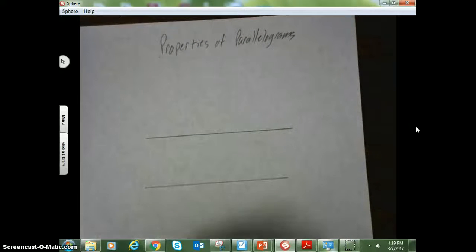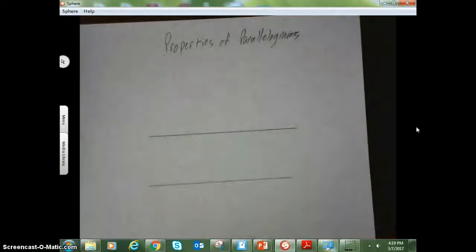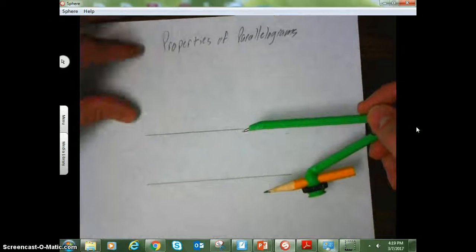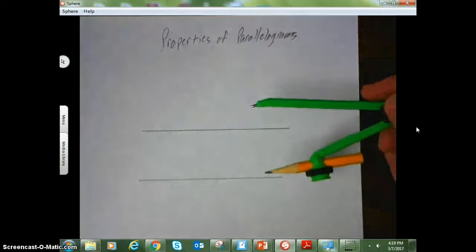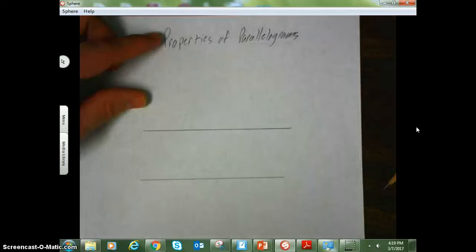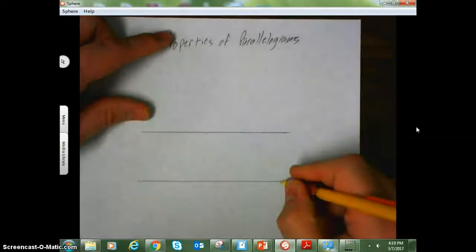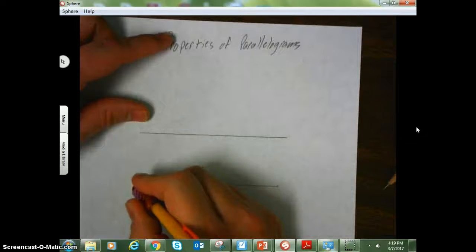Now the next thing I'm going to do is use my compass to create a quadrilateral, because a parallelogram is a quadrilateral. I'm going to pick some spot here and use the endpoints of my line segment.